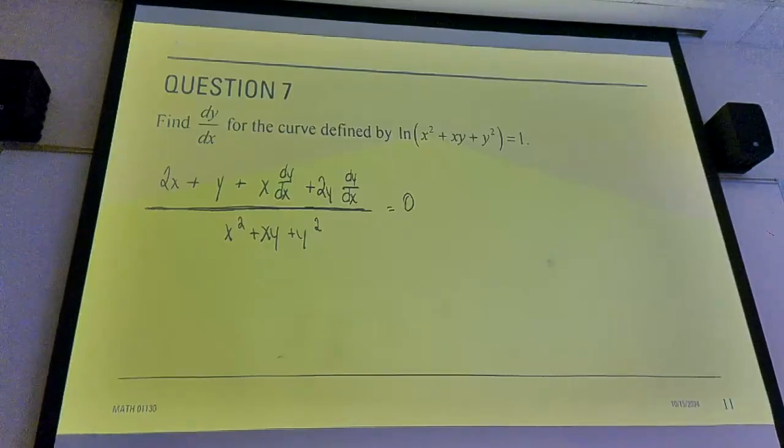Do we have an issue? What would cause an issue?